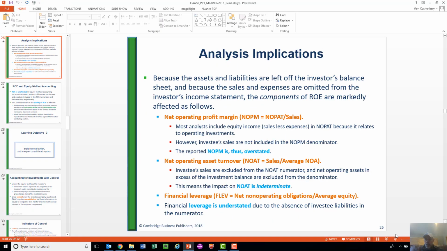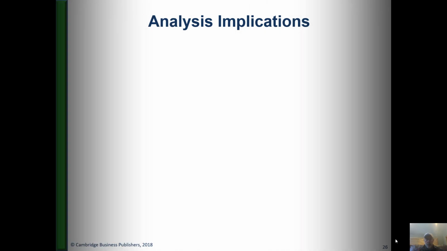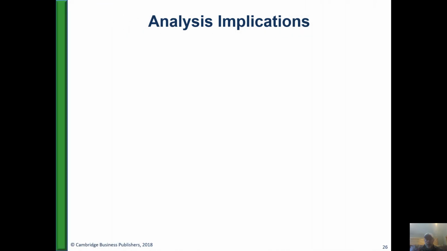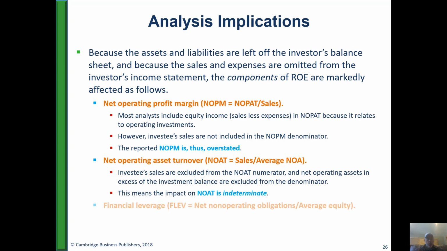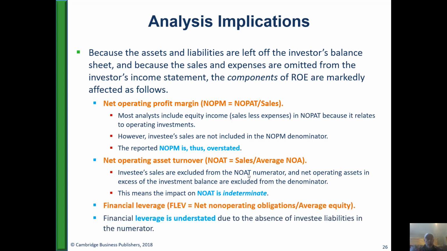So you can see here how some of those distortions might factor into some of the accounting. If you look at net operating profit margin, for example, first on the list here, most analysts are going to include equity income in NOPAT because it relates to operating earnings, and that rationale is sound.